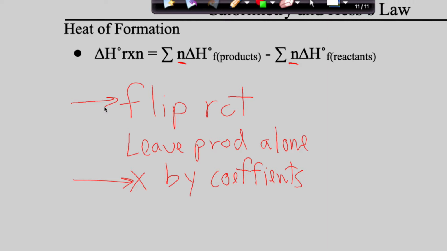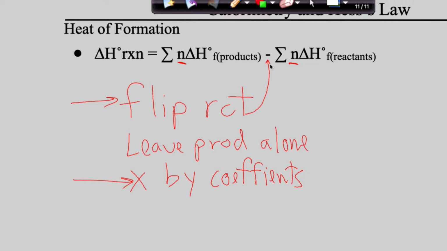Where does it say that in here? The answer is the minus sign. Guys, when you flip the reactants over, we have to switch the sign of the delta H values. So subtracting these is mathematically the same as flipping the equations over.